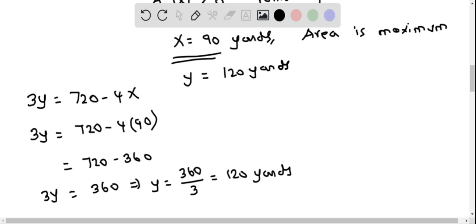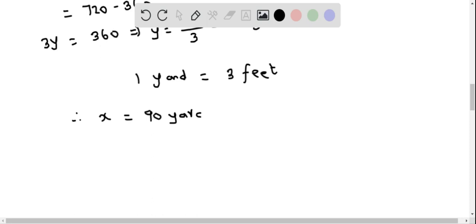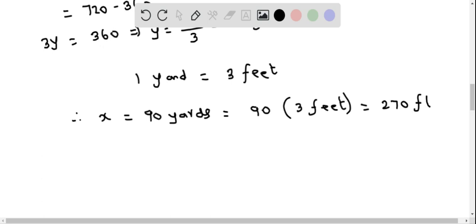But since we have to give the answer in feet, we'll use the conversion that 1 yard equals 3 feet. Therefore, we see that x equals 90 yards, and this equals 90 times 3 feet, which equals 270 feet.